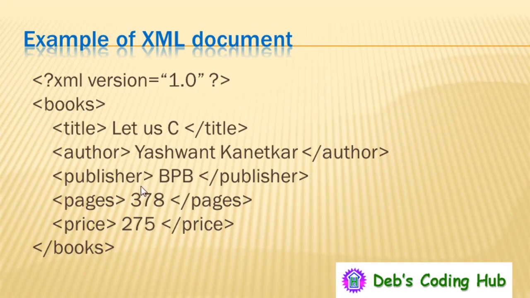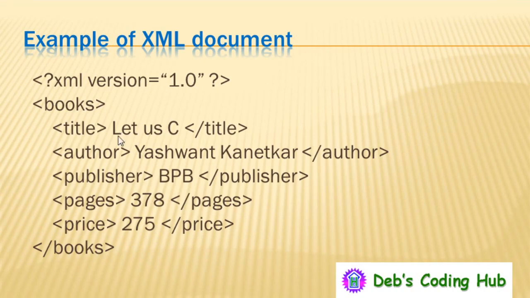Like this, we have put the author tag, Yashwant Kanetkar as author, and then we have closed author. After that we have written publisher, and BPB is the publisher. Number of pages is 378 and the price is 275.